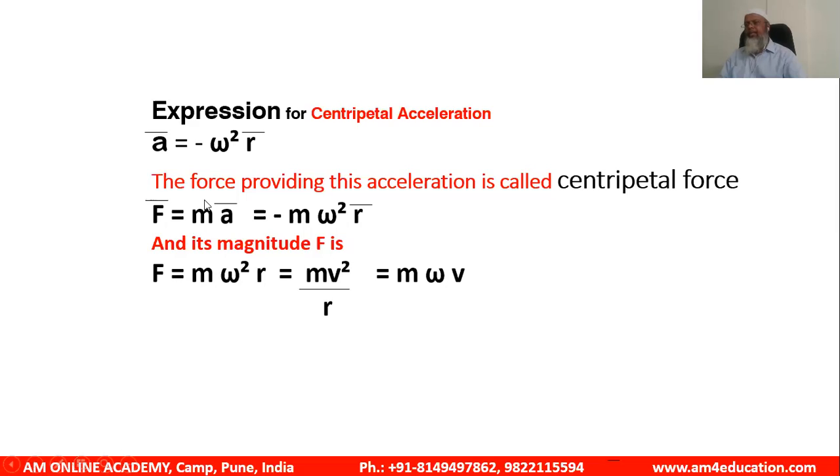The force arising is F bar equals M A bar, which is equal to minus M omega square R bar. This is the expression in terms of angular speed. This force is called centripetal force, and its magnitude is M omega square R, or M v square upon R, or M omega v.